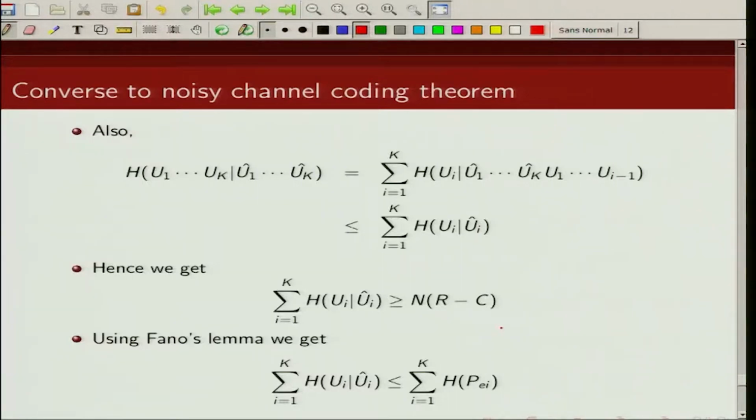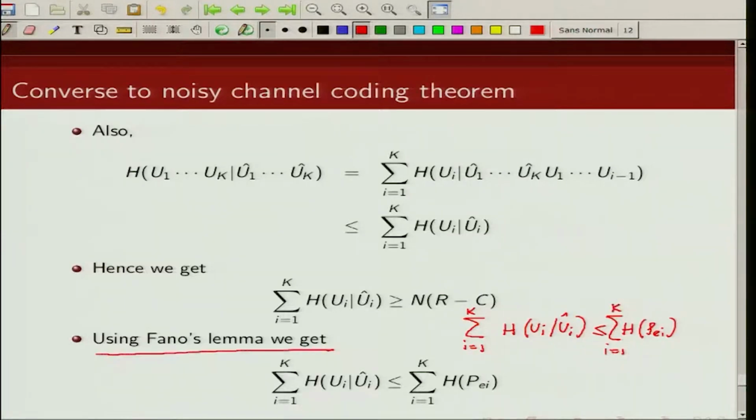So Fano's lemma for this will be H of ui given ui hat is less than or equal to H of Pe, because the other term, Pe log of (L minus 1), is 0. And if we take the summation over all i from 1 to k on both sides, we get this. So, using Fano's lemma, we get this relation.